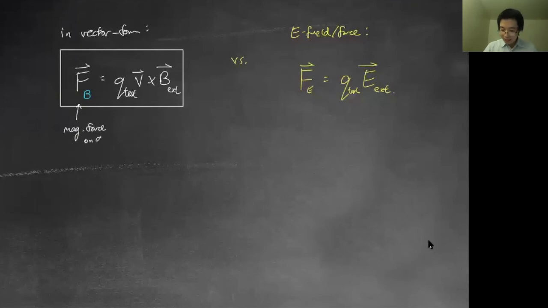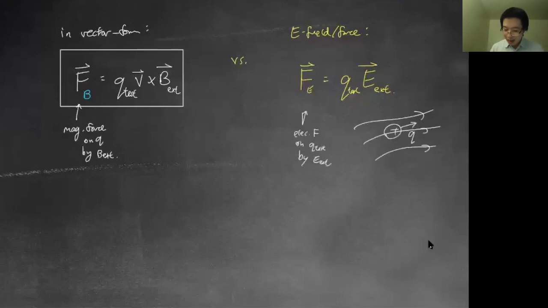This is the electric force on Q test by an external E field. Right? So if you have an external E field, you put a positive test charge here. This is the force it will experience. And this time here, if you have an external B field, if you have a charge over here, it depends on which way it's going.